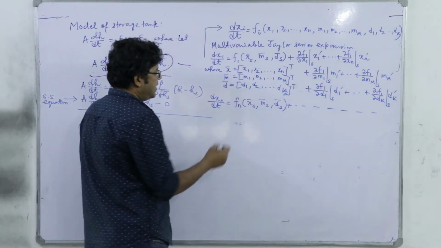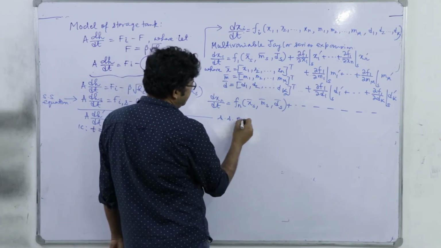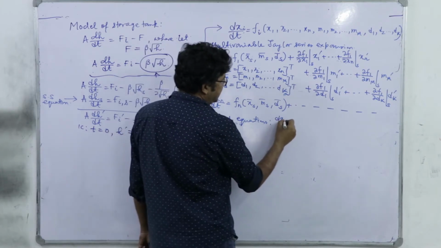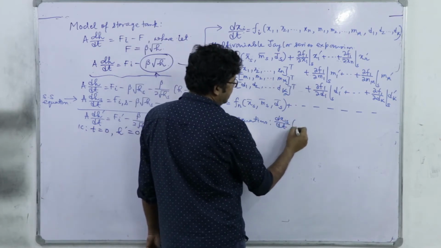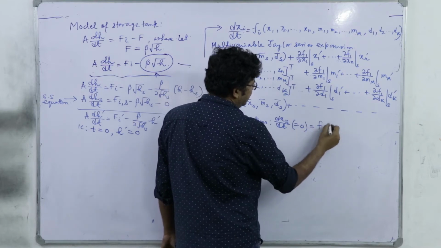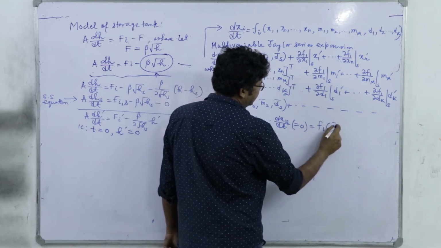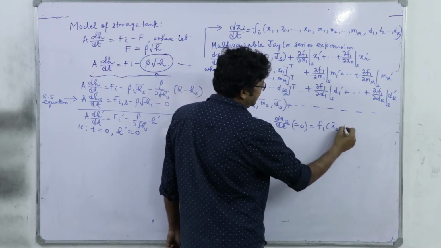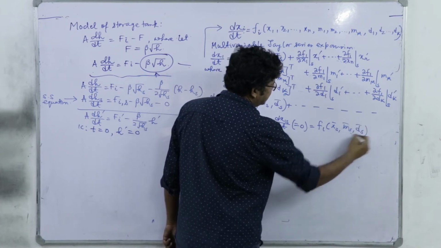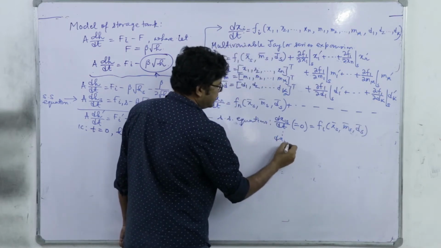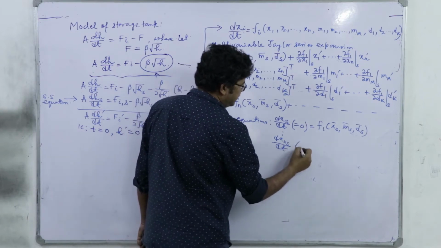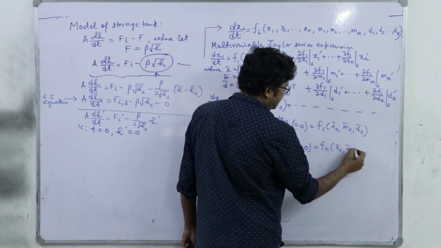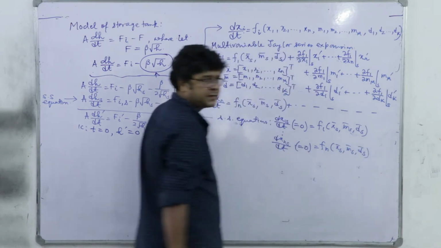If I write the steady state equations, dx1s/dt, which is 0, is equal to f1 at x bar s, m bar s and d bar s, and dxns/dt, which is also 0, is equal to fn at x bar s, m bar s and d bar s.